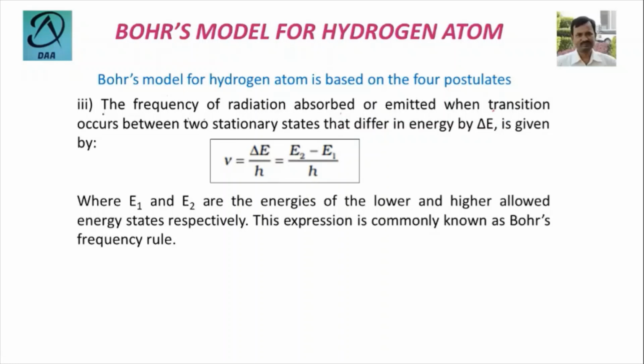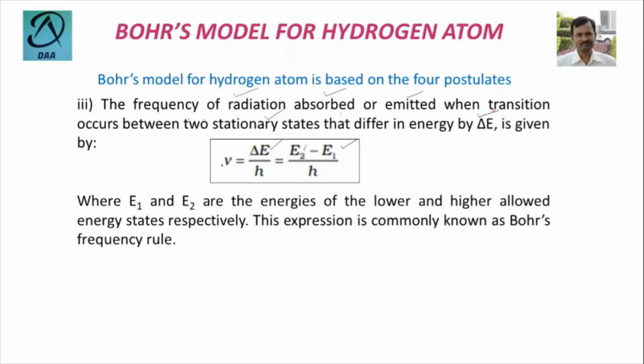Postulate number 3: the frequency of radiation absorbed or emitted when a transition occurs between two stationary states that differ in energy by delta E is given by delta E equals E2 minus E1. The immediate higher stationary state is considered E2, and the immediate lower energy state is considered E1.